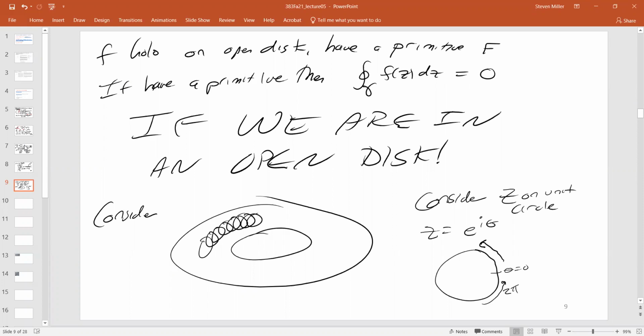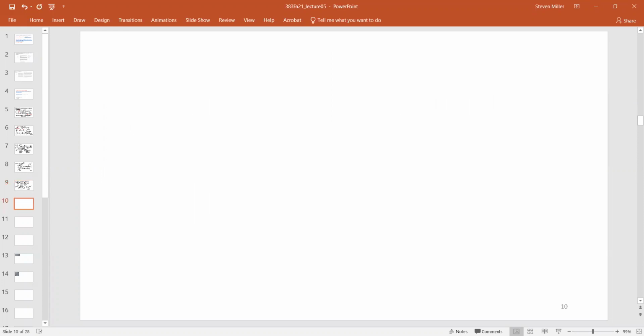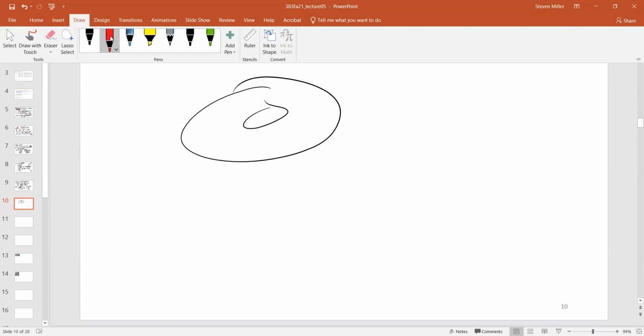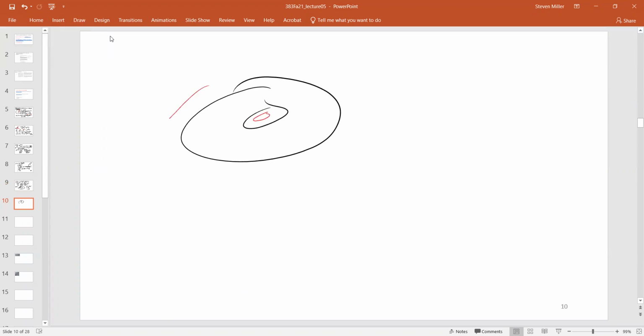And we're not saying that a function that is holomorphic in a region containing, say, a donut has to have all of its integrals be 0. So for instance, I could have a function which is differentiable on the donut, and I could actually have it differentiable a little bit more. Maybe here is my donut, and maybe I have something like this.